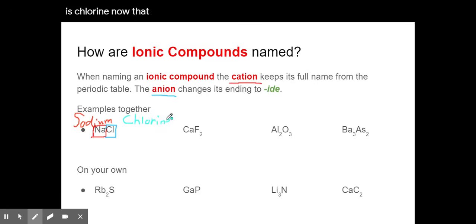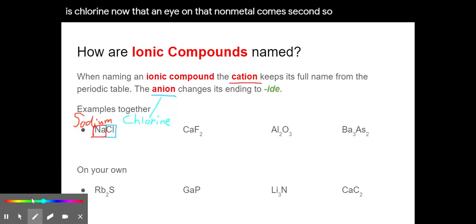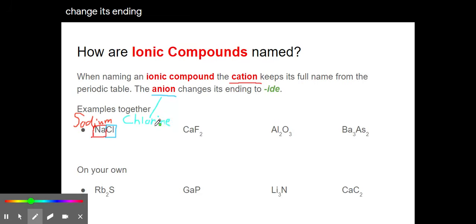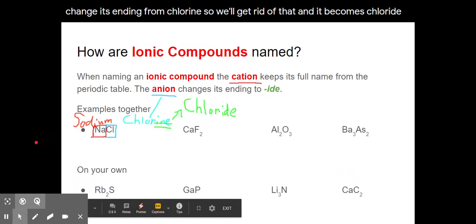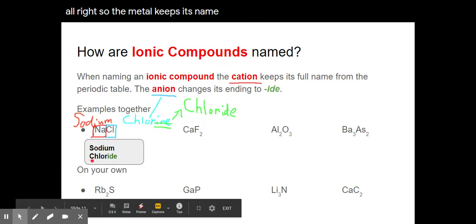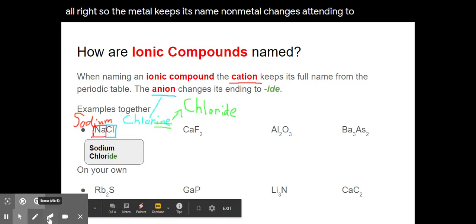Now, that anion, that nonmetal, comes second, so it's going to change its ending from chlorine, so we'll get rid of that, and it becomes chloride. All right, so the metal keeps its name, nonmetal changes its ending to IDE.